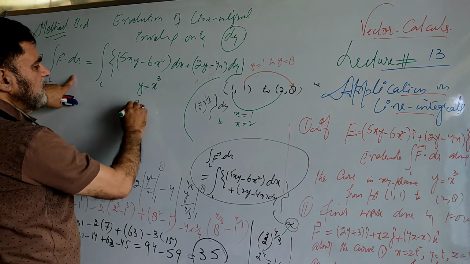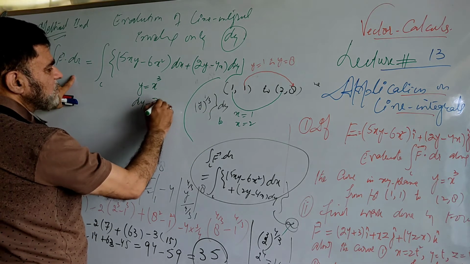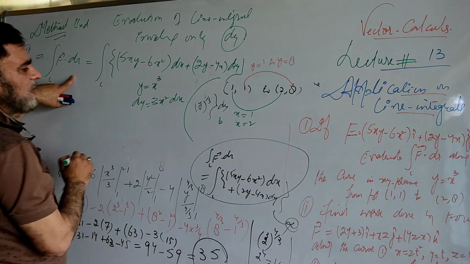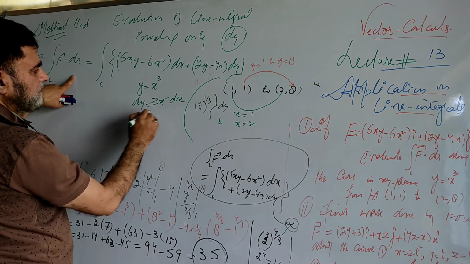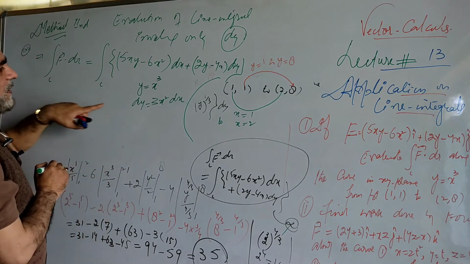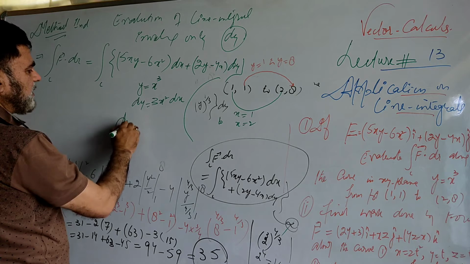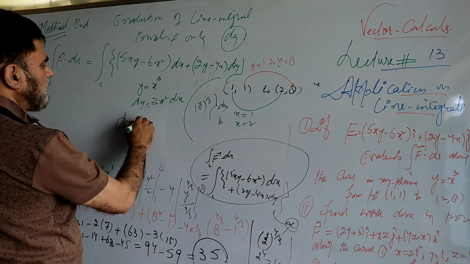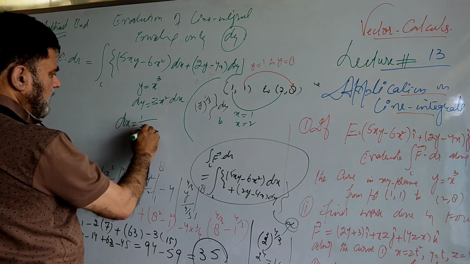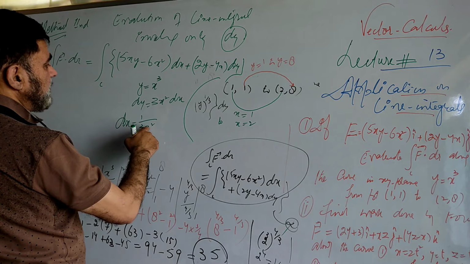Your dy is here, apply the differential method as you do. It is 3x square dx. Wherever I have dx, I have to replace dx by 1 by 3x square dy.